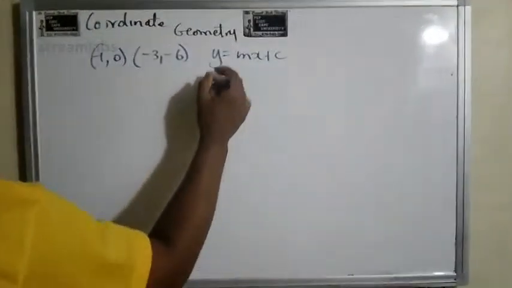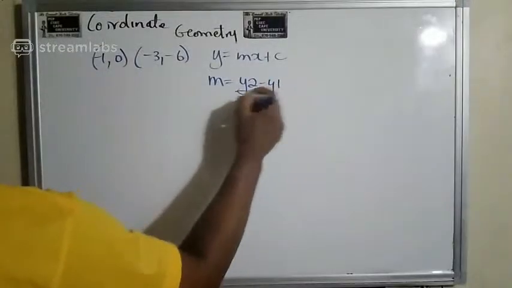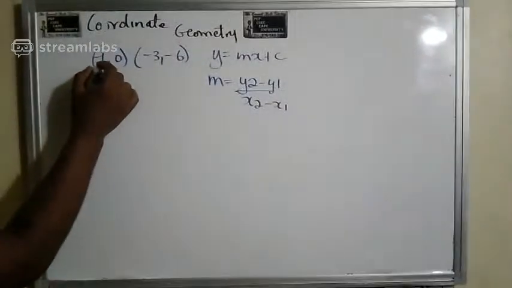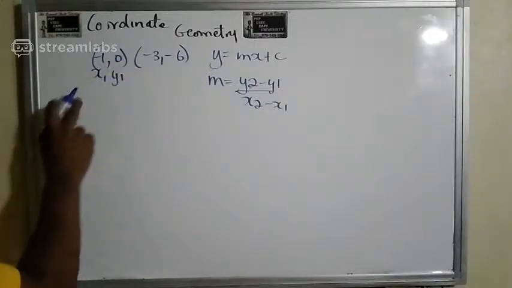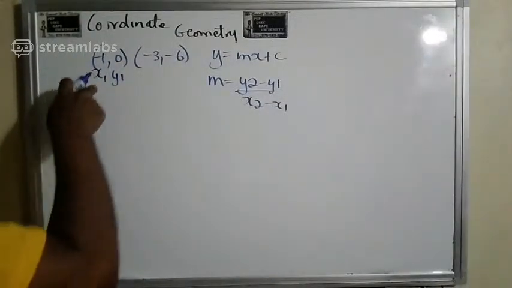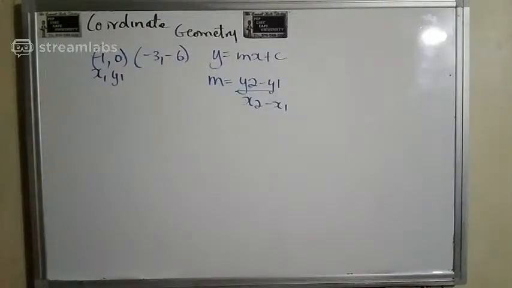It's the slope, and m is defined as y2 minus y1 upon x2 minus x1. And we label them x1, y1. If this is x1, this has to be y1. Don't write x1 and y2 together.